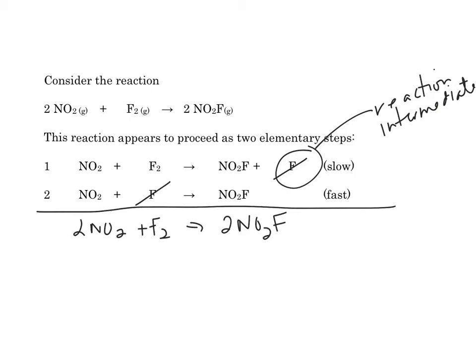So you can get your rate law expression from your elementary step that is the slow step.